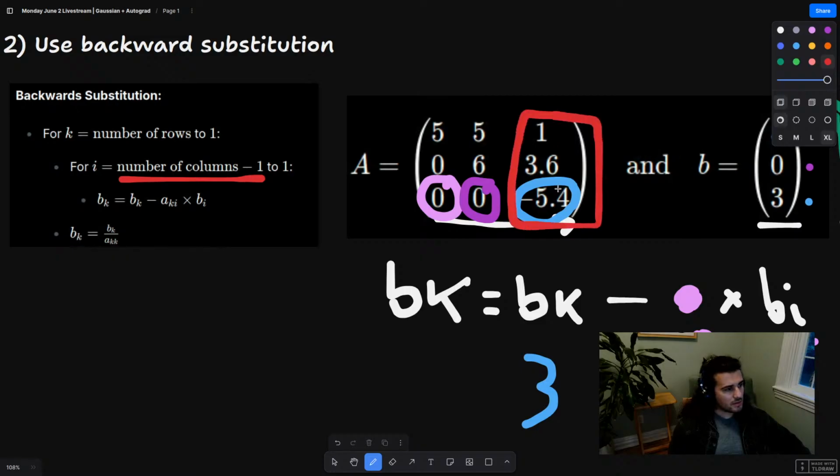It just includes from number of columns minus 1 to 1. I'm getting thrown off here because the indexing starts at 1, which honestly is not that great. I don't like when we start at 1, if you think about it, indexing is zeros.